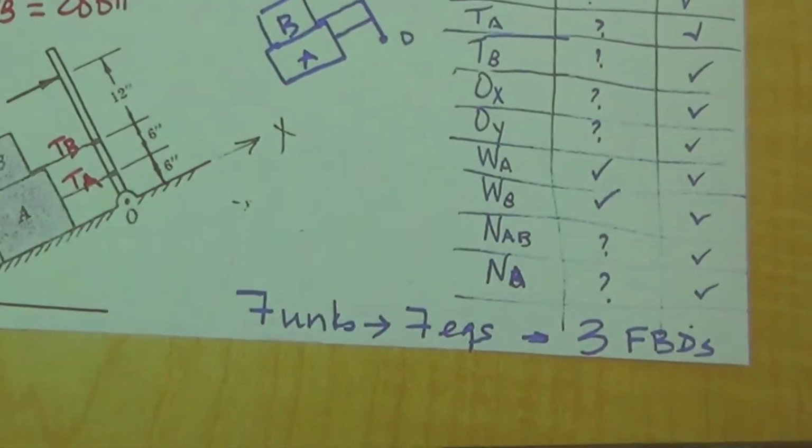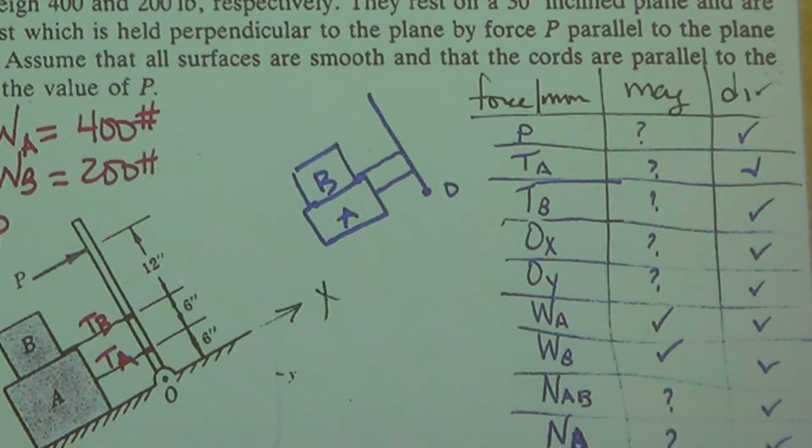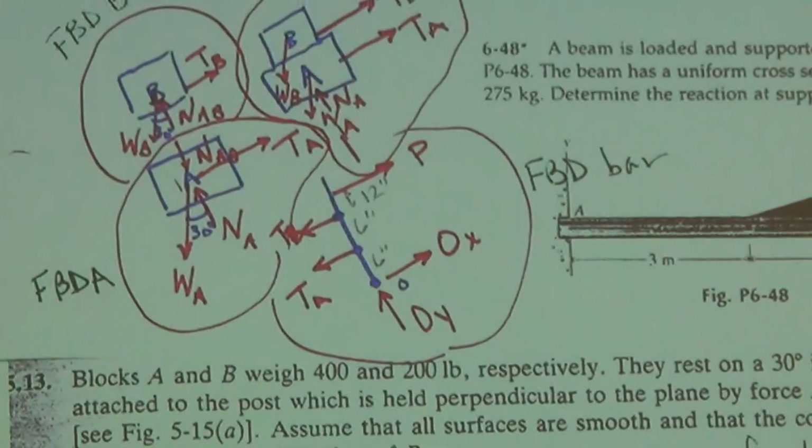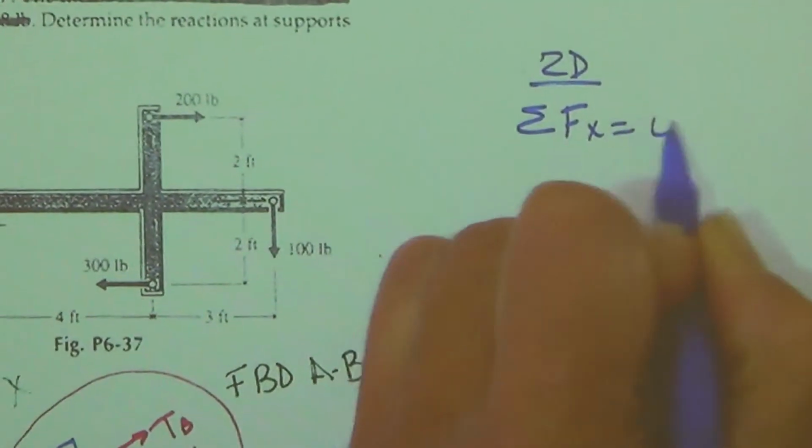In the end, we used 3 anyway. And we just picked equations from each of the free body diagrams that would be most efficient. How did you know from 7 equations that you need 3 free body diagrams? Because remember on a 2D problem, you have a maximum of 3 equations.